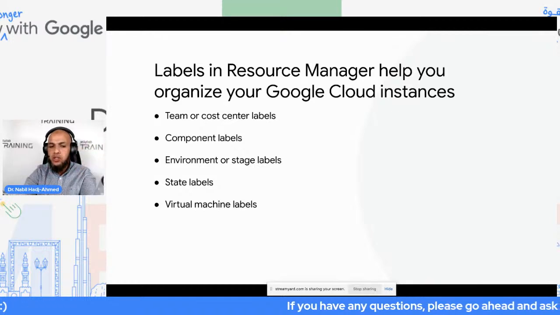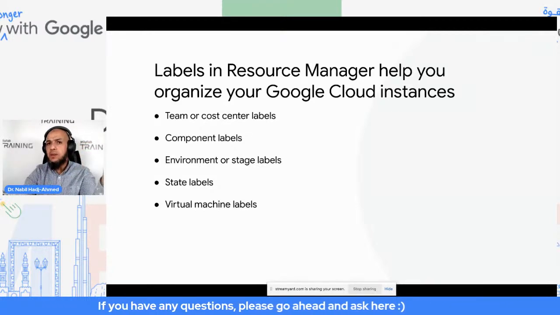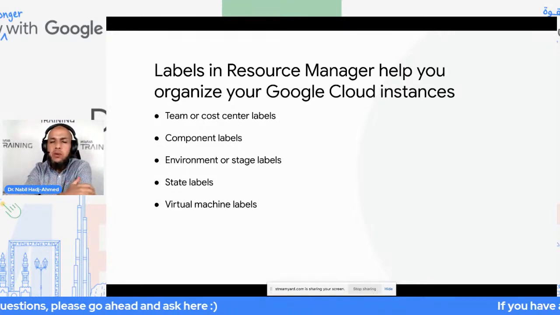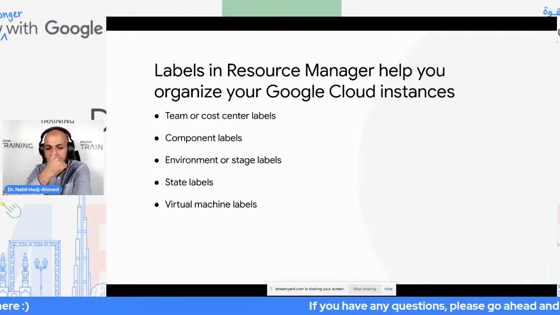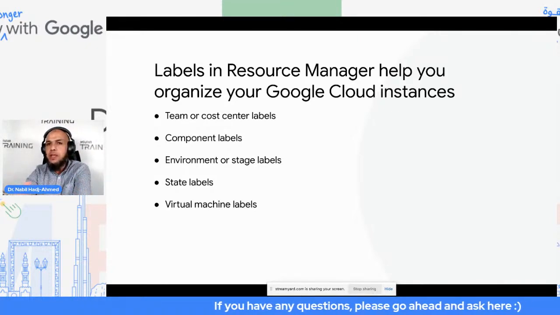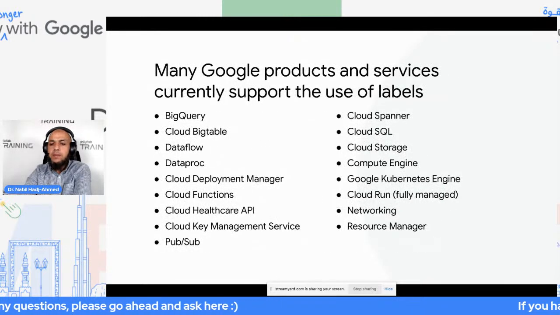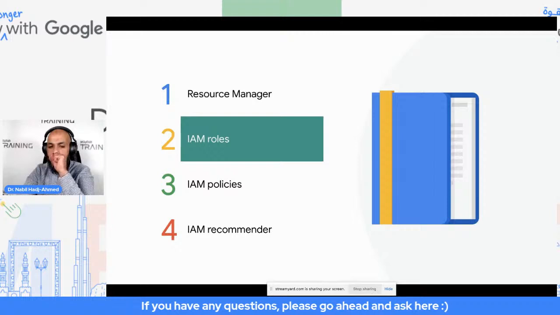You can do stages, components, and state. So you can say, for example, a VM that is ready to be deleted, you can label that. Programmatically, you can then set up a workflow to automatically delete VMs if they are ready for deletion. And you can separate and distinguish between VMs by using labels on them. Many of the services use labels. There are some that don't support labels. Documentation is your best friend to find out which ones.